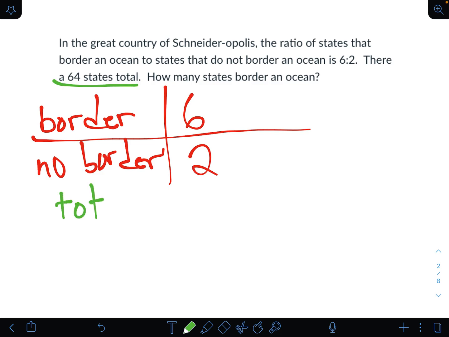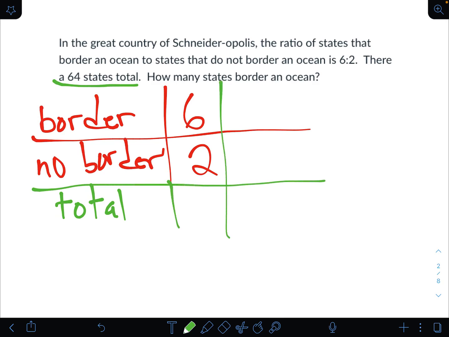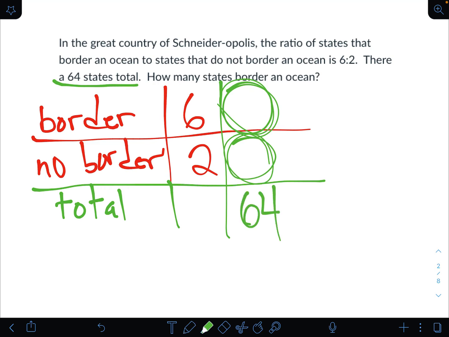So we need a total row. If I add up all the states that border and don't border the ocean, I'm going to get 64. And I want to know how many states border the ocean. That's the goal. Well, I know 6 plus 2 is 8.